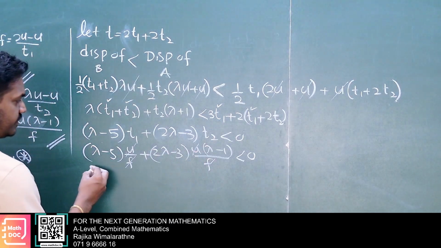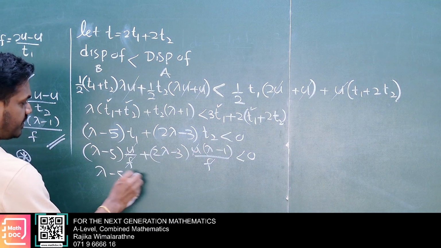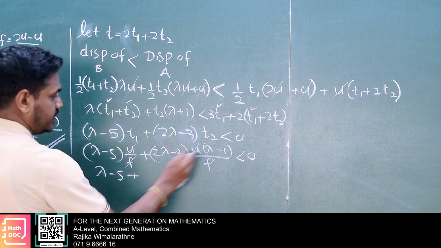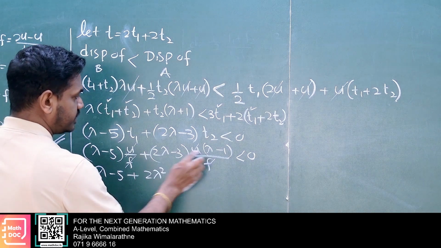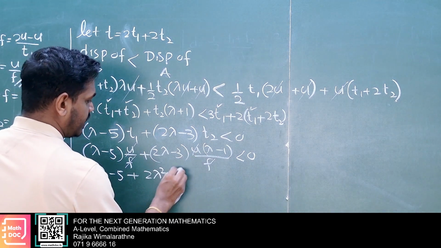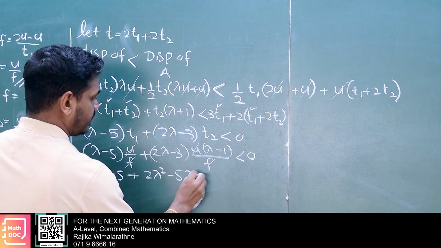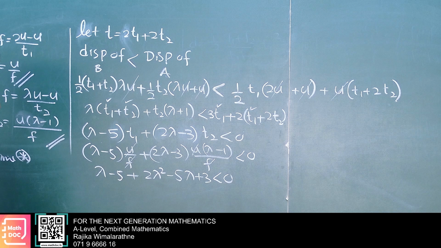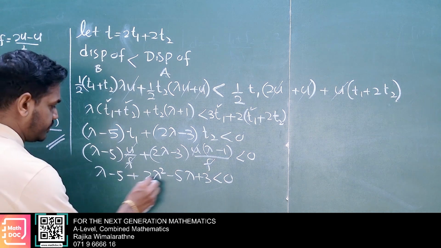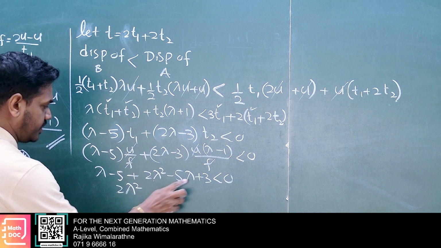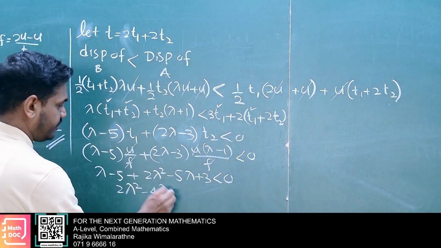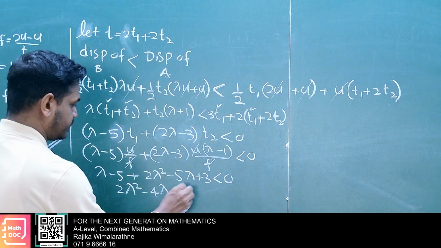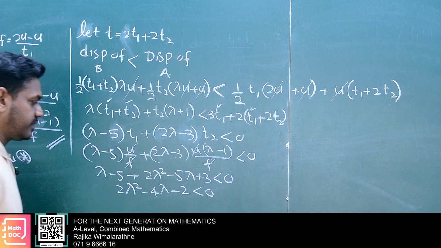Now we have a lambda inequality: 2 lambda squared minus 4 lambda minus 2 less than 0.